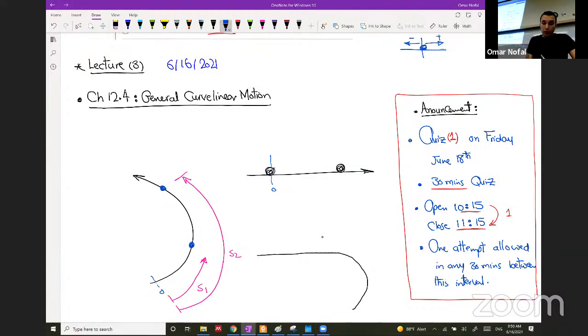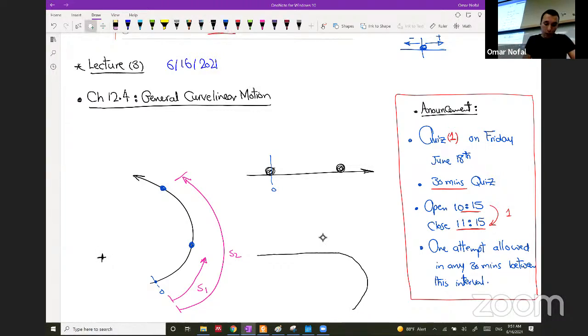If we want to measure the position, we need an origin. Usually the origin for curvilinear motion, that means the particle moving along a curved path, is the center of curvature, or the center of the circle, or an origin for an XY coordinate system. So let's assume that this is the origin that we measure the motion from.